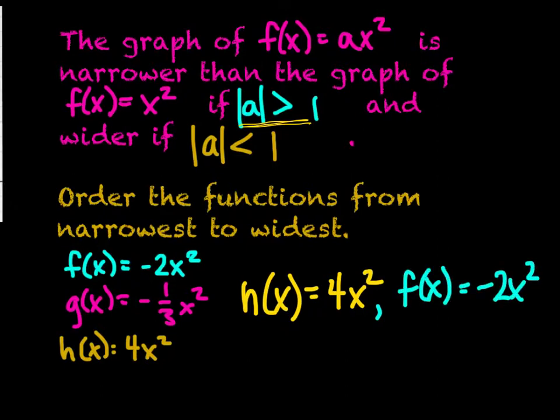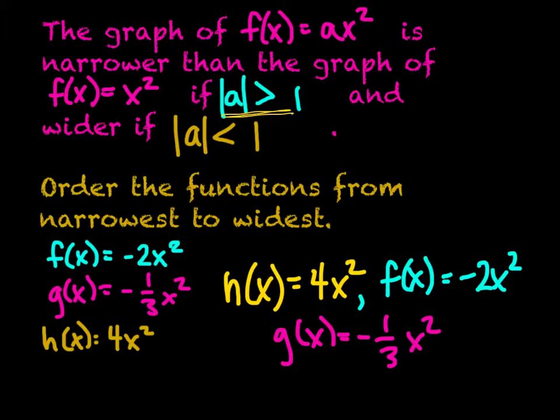And I know you're probably thinking, but negative 2 is way smaller than 1. Well, we need to think absolute value, and so that makes everything positive. If negative 2 is actually a positive 2, that is greater than 1. However, negative 1/3, that's definitely less than 1. So our widest one is g of x is equal to negative 1/3 x squared.